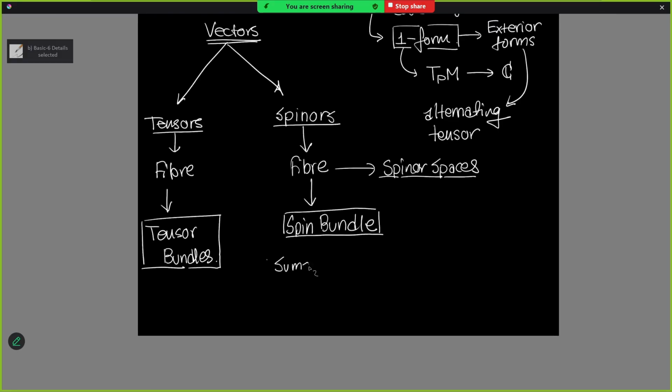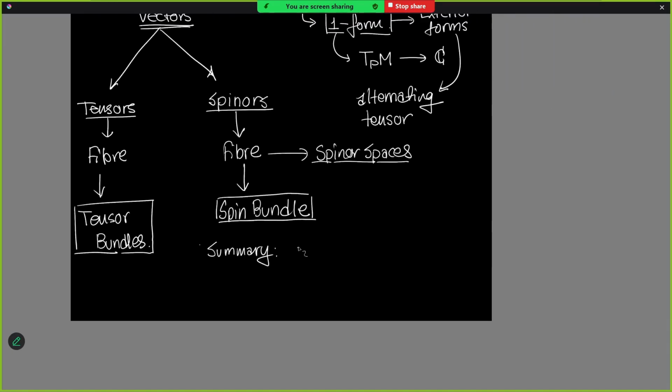Summary. We defined tensor spaces. We defined tensor products. And then we defined tensor bundles.